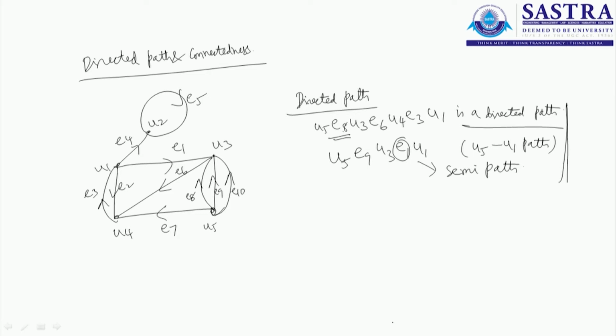So I cannot violate the direction that has been given in the edge. If I am able to find such a path, then it is called a directed path. Now if I am ignoring the direction of an edge and finding a path for the corresponding undirected graph that is associated with it, then such a path is called a semi-path. So this is the first part that you have to remember.